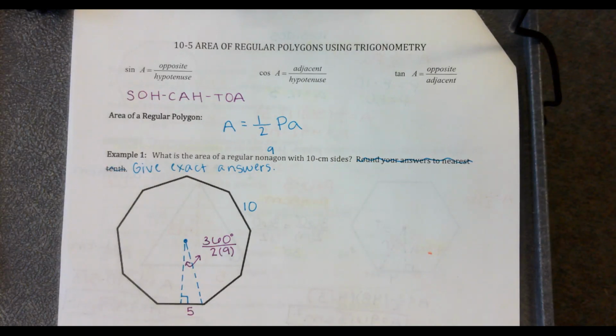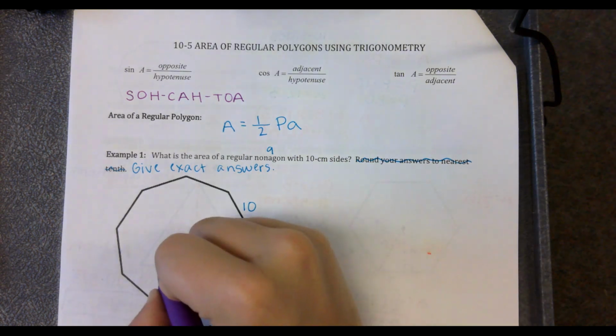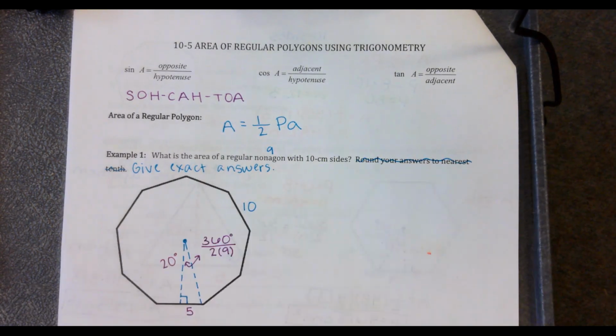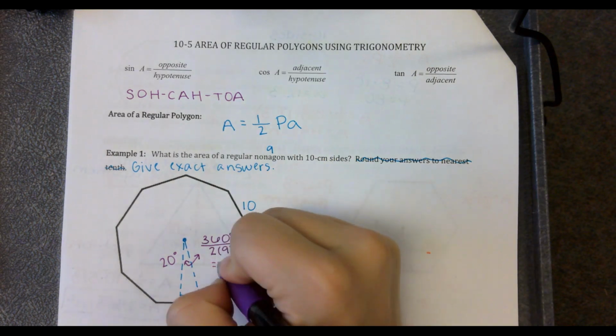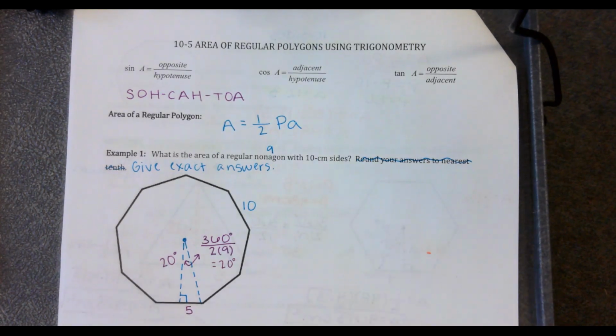So what is 360 divided by 2 times 9? 20? Just 20. Okay, so that angle here is 20 degrees. Okay, that was equal to 20, sorry. Okay, either way, so as we know.